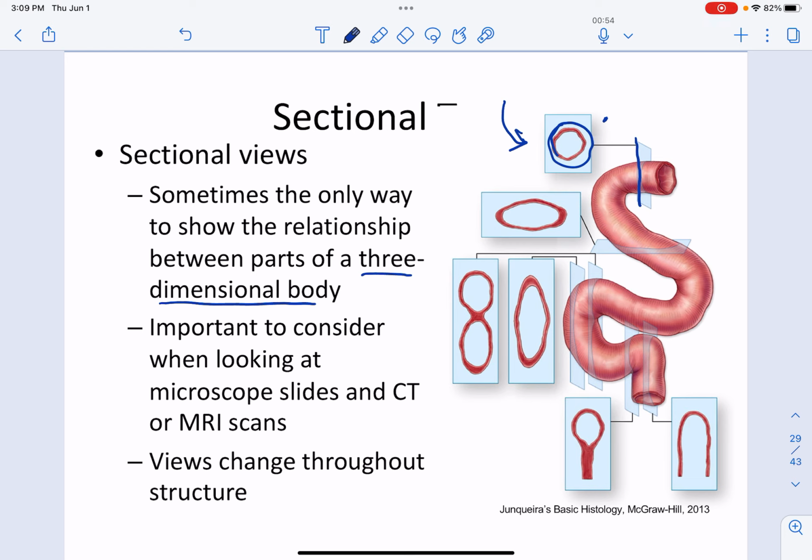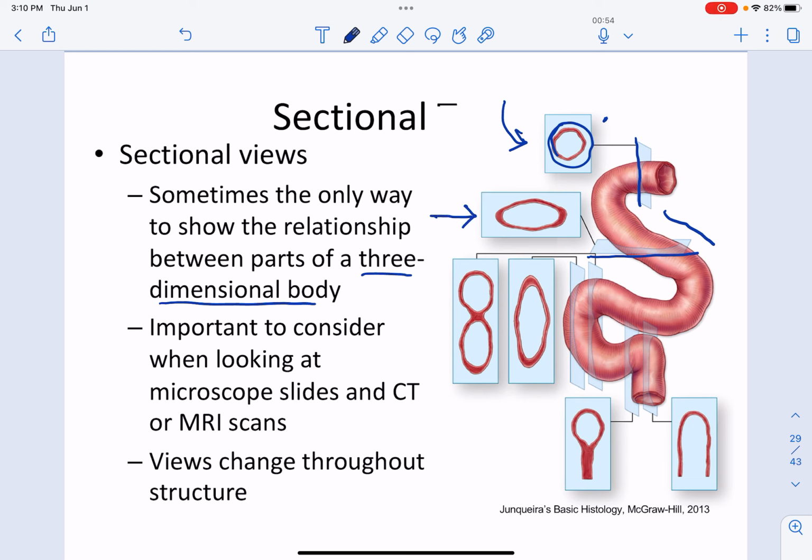It's not always going to be a perfect situation where we can manipulate the organ that way when we're trying to make a section to prepare it for the microscope, because these things can be very small. So here, if we took a section this way, the small intestine is more on an oblique angle, more on an angle this way, so you would get an image that looks like this.